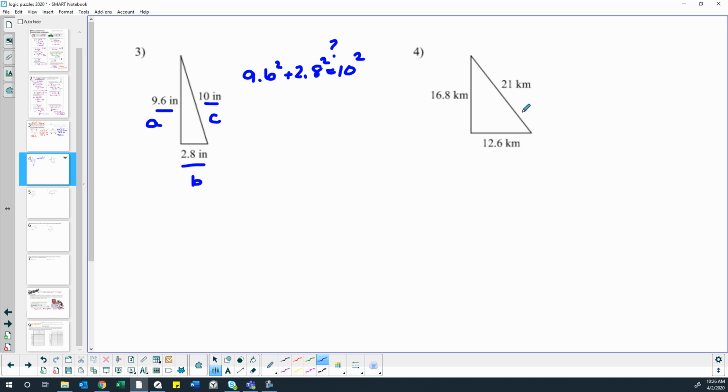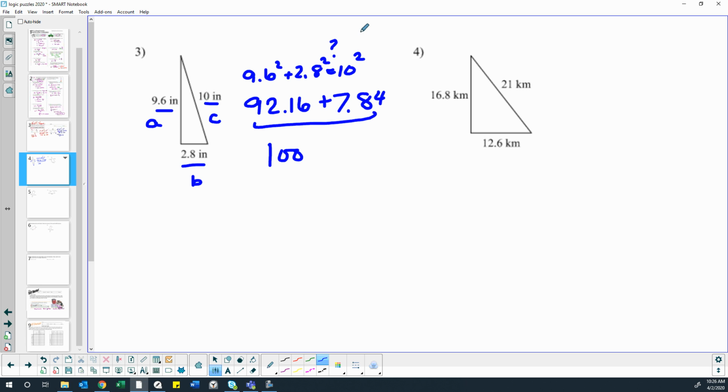9.6 times 9.6, or there's usually a little button on your calculator that has a little 2 that you can use to automatically square things. So 92.16, and then 2.8 times 2.8 gives us 7.84. Together, these are going to add up to 100.